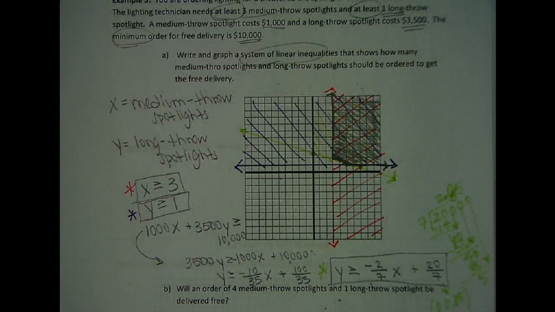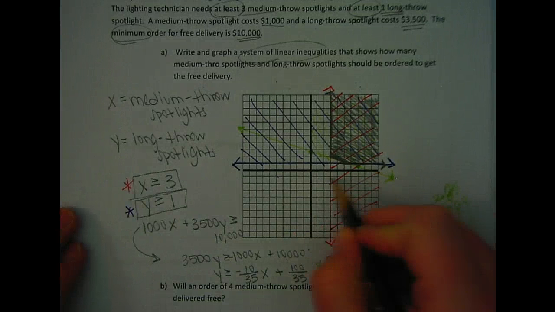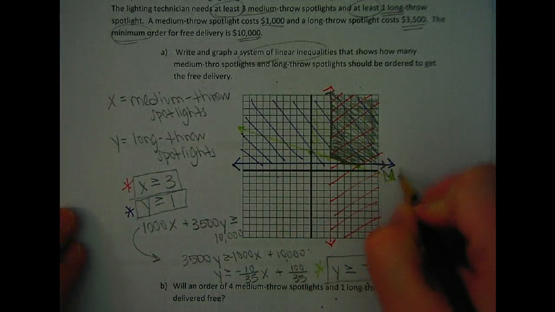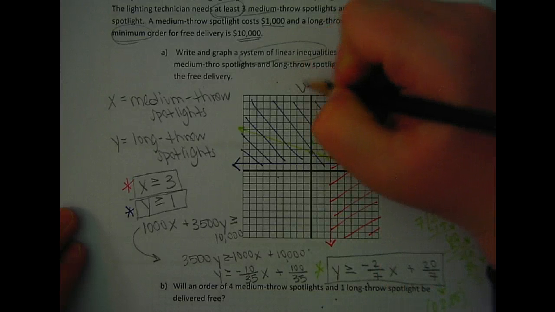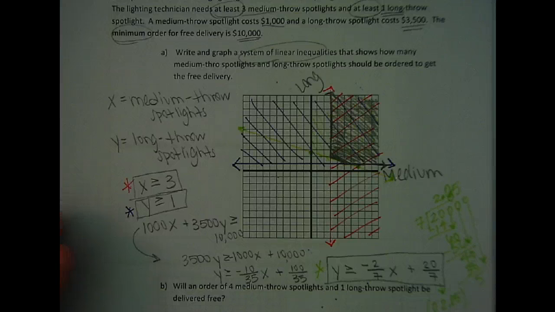Okay? Remember that you can't buy half of a light. That doesn't make any sense. If we were talking about solely money here, that may make sense. But X is the number of medium throw lights, and Y is the number of long throw lights. So you can't have halves or quarters or any sort of a decimal part of a light.